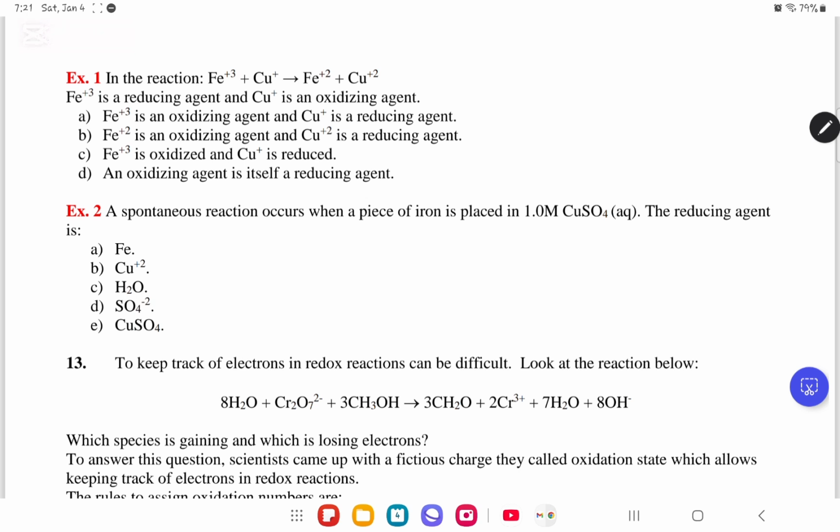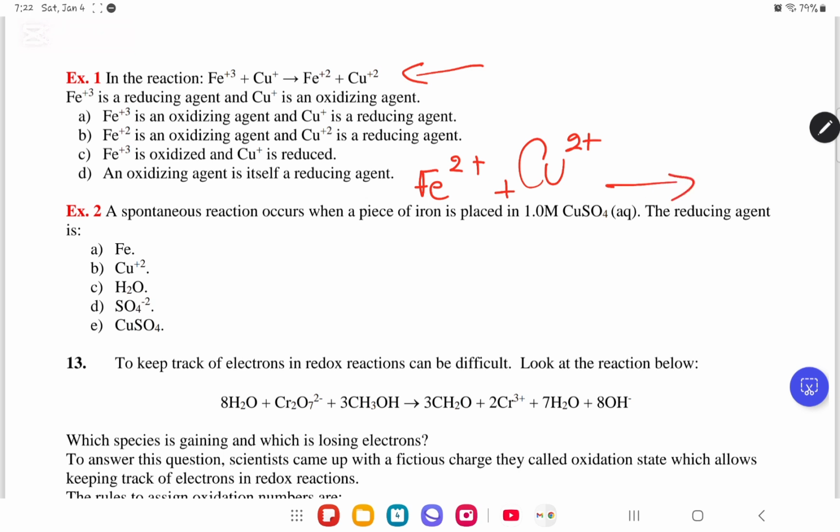Now, personally, while I was reviewing this, I found this a bit confusing, but then I understood that it's a reverse reaction. The original reaction, if you know that iron's charge is 2 plus, so Fe2+, and Cu, we know the charge of Cu is 2 plus, so this is how it was originally.